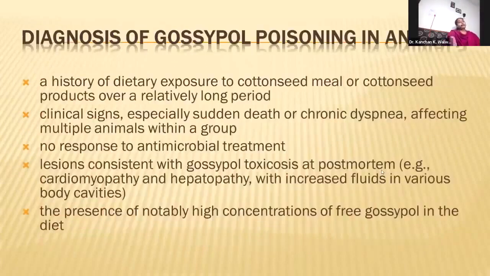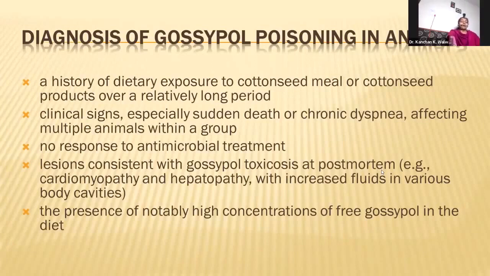So, how to diagnose this? Again, a history that the animal was exposed to cottonseed meal, or has been fed for a long time on cottonseed meal or products, and then the clinical signs, that is, sudden death and anemia, and then reproductive failure.